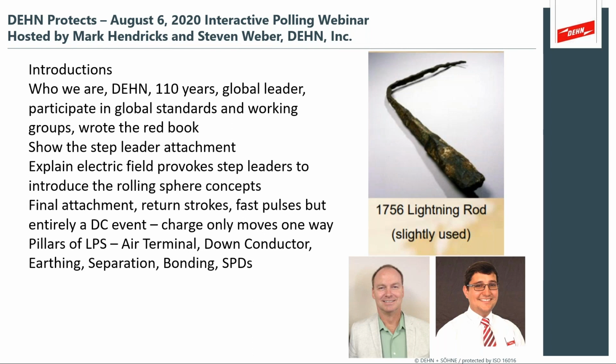We've got a photograph of a slightly used rod from that era. You can see they were using whatever was convenient types of material based on availability. They may not have had high-grade copper ready to throw on the side of a building, but when it comes to lightning protection, we've certainly improved the state of the art. DEHN is a leader in the industry. We're heavily involved in standards, and we literally wrote the book on lightning protection.